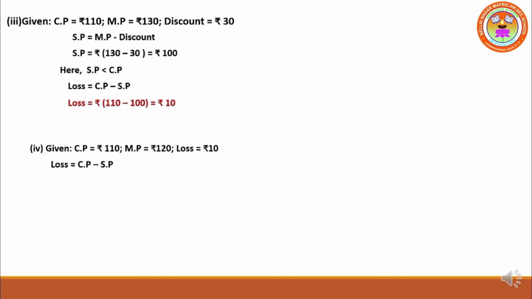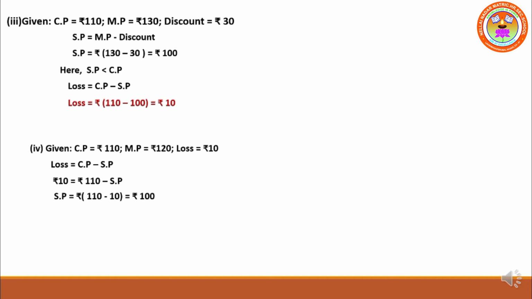Since loss is given, we are going to use the formula for finding loss, that is, loss is equal to CP minus SP. Using this formula, I'm going to find what is my SP, because the loss amount and CP amount are given. So substituting the values, 10 rupees is equal to CP, 110 rupees, minus SP. Now what should I do?